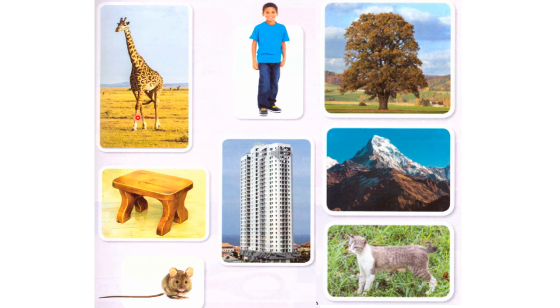Are you ready? So, my estimate for the giraffe was 5 meters. My estimate for this stool was about 30 centimeters. A mouse is about 6 centimeters. A boy could be about 1 meter 30.